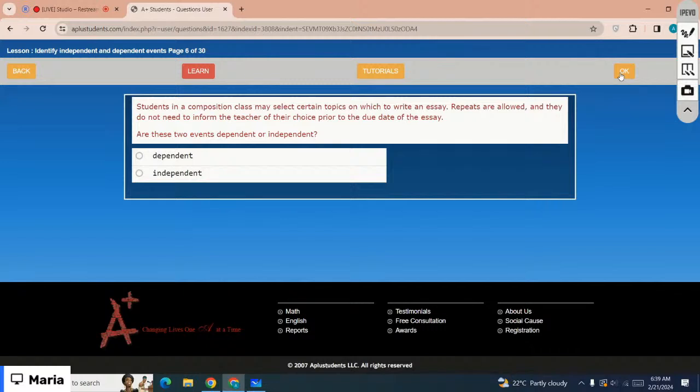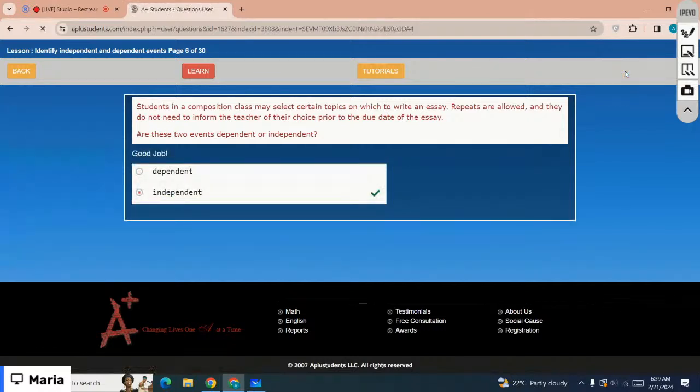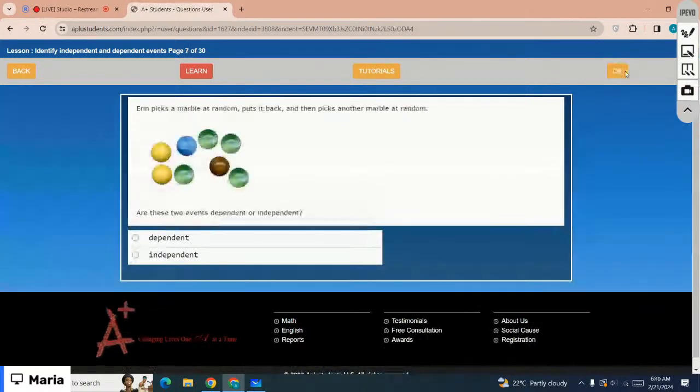Because repetitions are allowed, they are independent events. If the repetitions were not allowed, they would be dependent events.